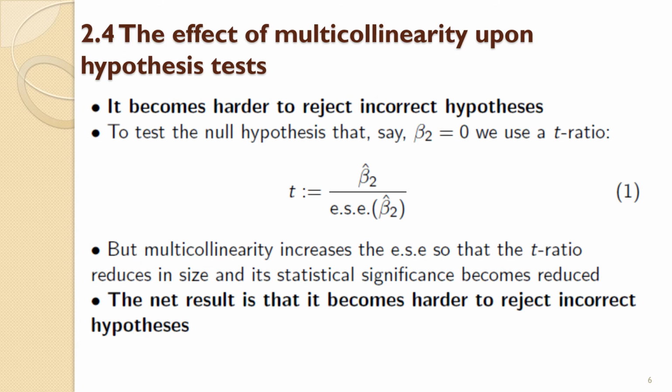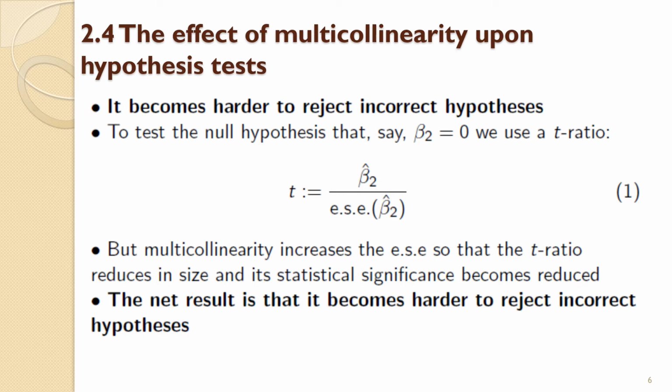In my experience, you usually find high R-squared values and low t values. I just wanted to try and clarify then this effect of multicollinearity upon hypothesis tests. What happens is it becomes harder to reject incorrect hypotheses, and there's an inherent loss of sensitivity. For instance, if you test a null hypothesis that, say, beta 2 equals 0, this would be a natural hypothesis test if you wanted to test for an effect that x2 has upon y.